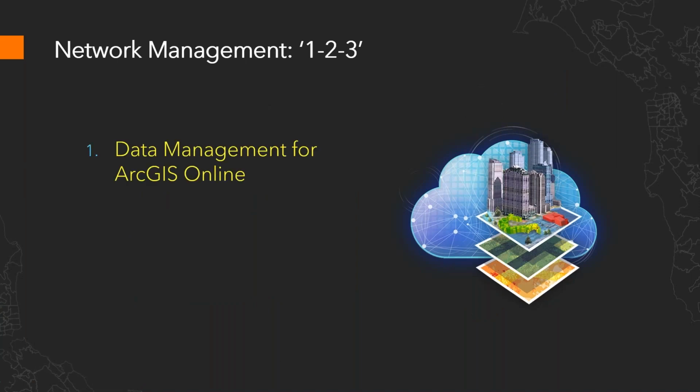So I like to break this down into 3 buckets. On the last webinar, if you missed it, we talked about data management for ArcGIS Online. And what that provides, to sum it up as simply as possible, is a basic schema that gives you a place to put your attributes and industry standard data models, and it also gives you visualization.